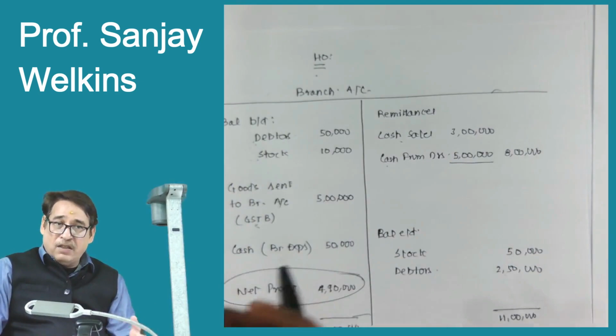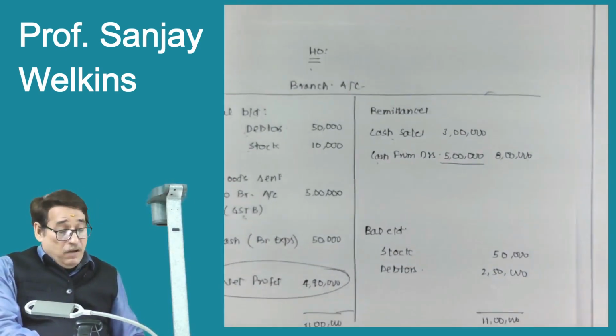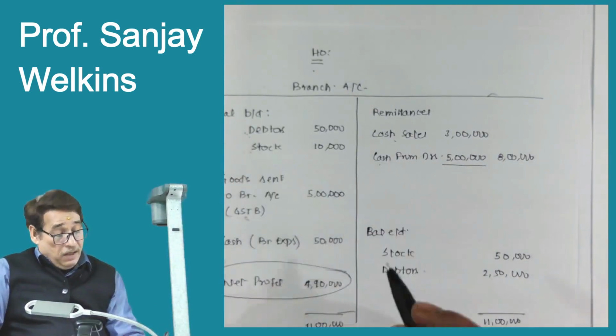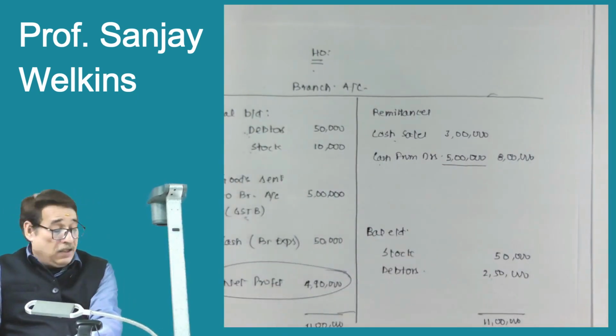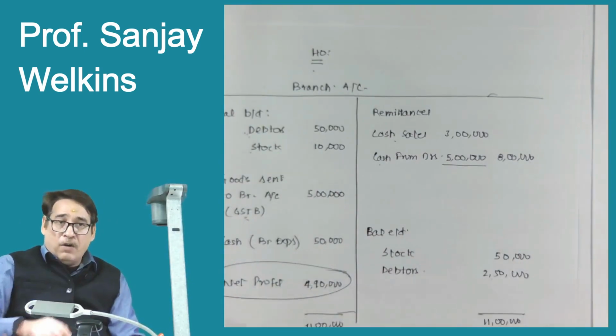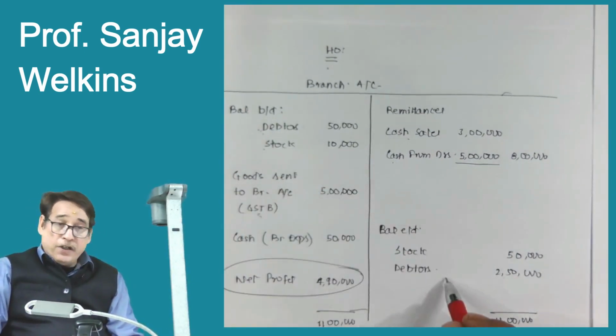Logically it is against the accounting conventions or accounting rules. But in spite of that we have written that. Correct? Logically you cannot write any account in a different account as balance. But despite that we have written it over here.